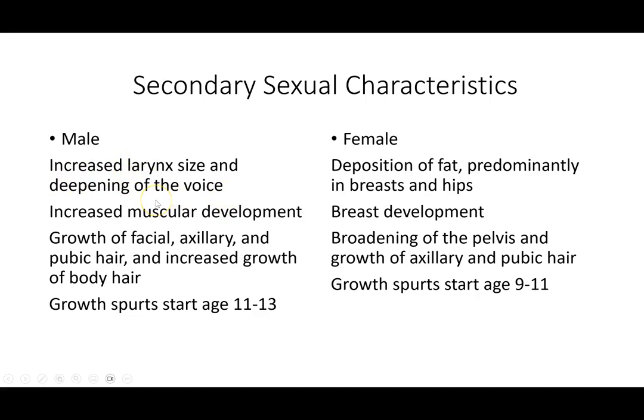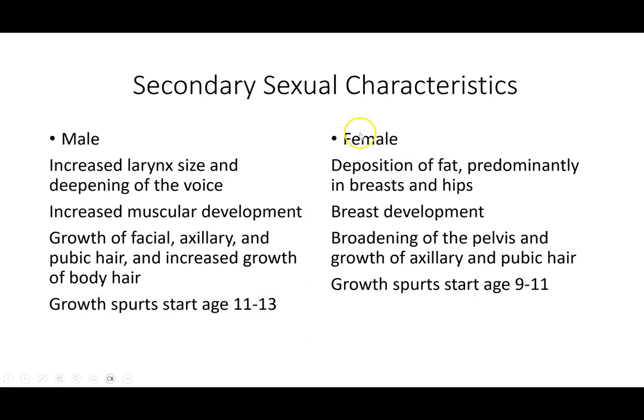There's going to be more muscle development, more growth of facial, axillary, and pubic hair, and general body hair for a lot of people. Growth spurts, so increased bone size and muscle development, will start usually between ages 11 and 13.